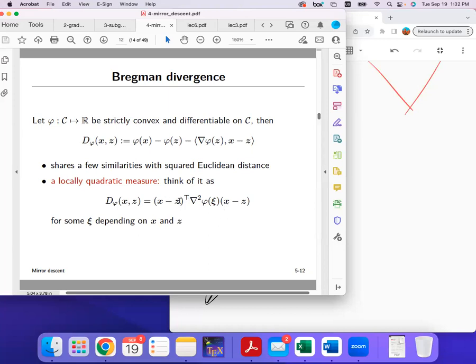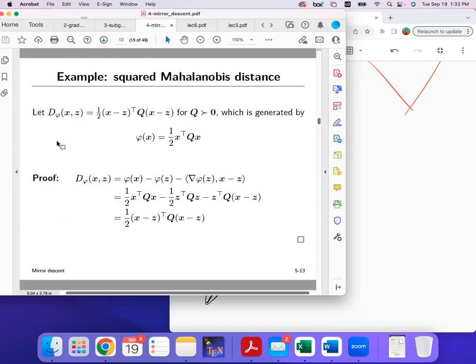So this is basically measuring the distance between x and z, but scaled by the Hessian matrix of phi. Hopefully, if you pick the right phi function, that matrix will fit the underlying geometry of your problem. But let's look at some concrete examples of Bregman divergence.